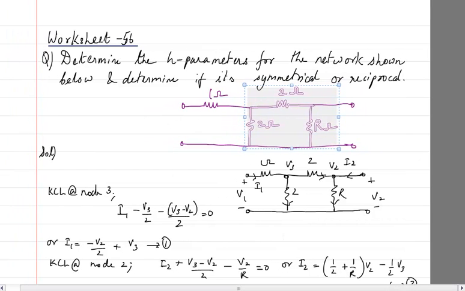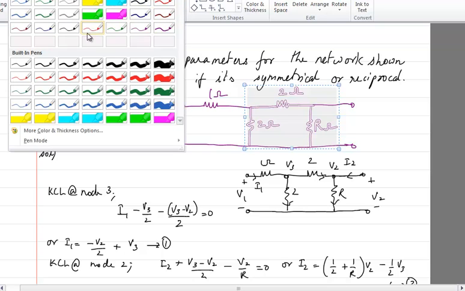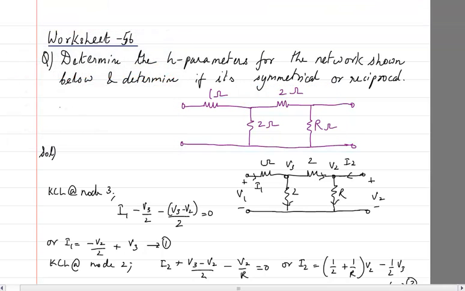That means I can imagine this as two networks, one which is like this, and the second network which has this pi shape. Find the T parameter of the first network, find the T parameter of the second network, multiply both of them, and you will get the transmission parameter of this one.